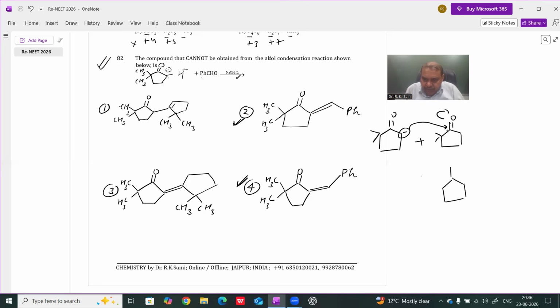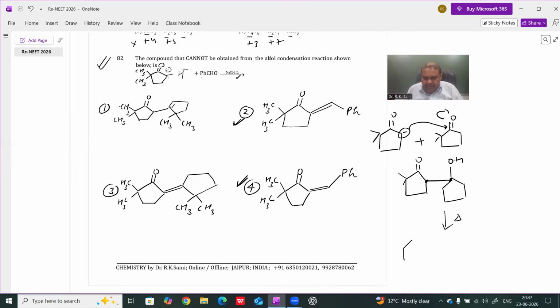This carbon changes into OH and attaches to that carbon. It is the aldol product. On heating, elimination of water occurs and the product is alpha beta unsaturated. OH from this and H from this.